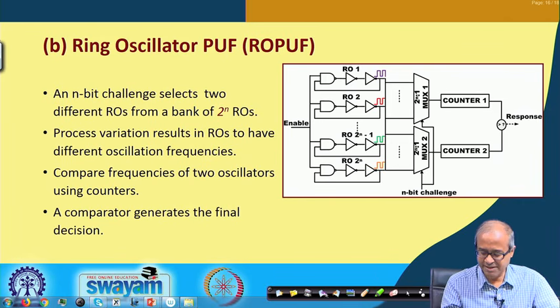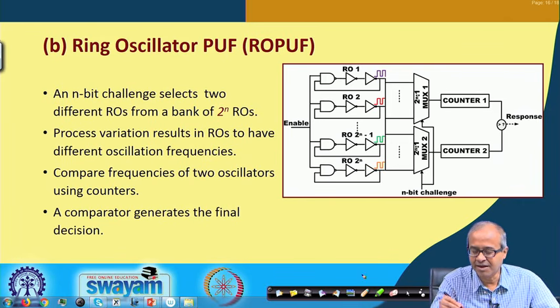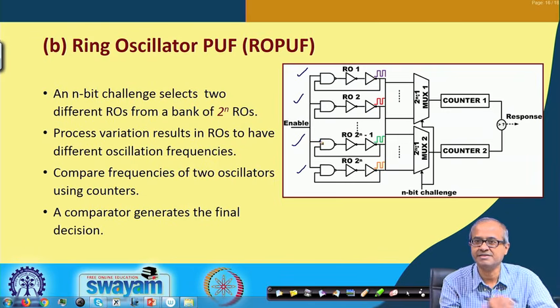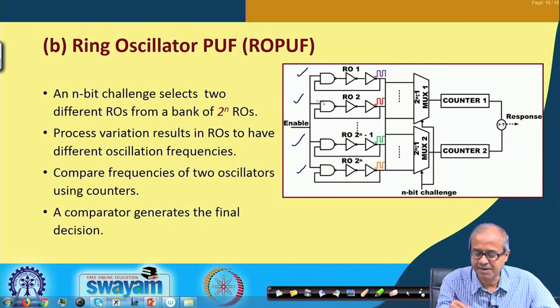Now, here the idea is that we have a number of ring oscillators. You ignore these gates in the first stage, you see these NOT gates are there, and this NAND gate is also considered as a NOT gate. So, there are 3 inverters, let us say. So, there are a number of such ring oscillators in the circuit, right. So, the output is fed back here.